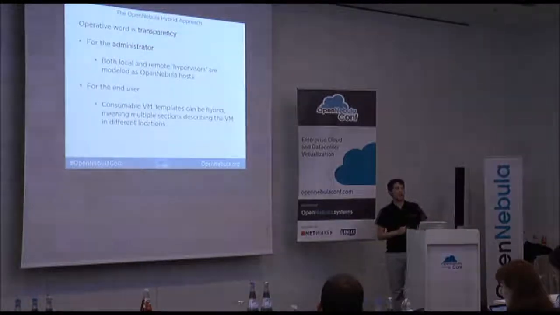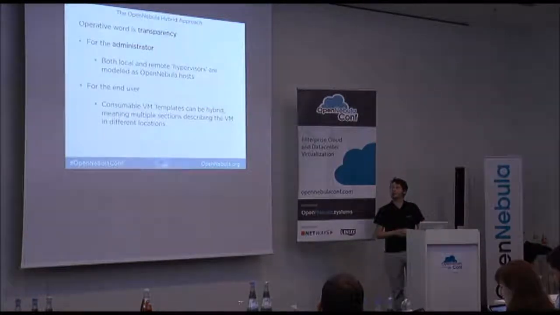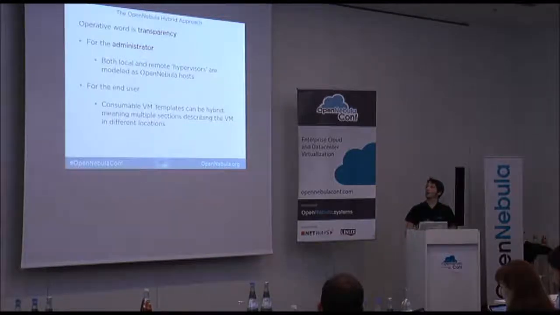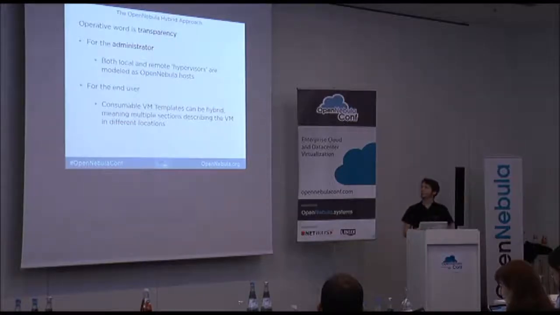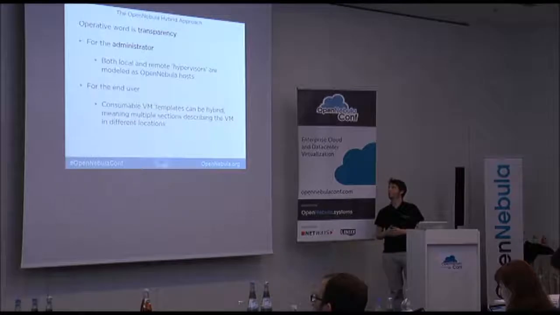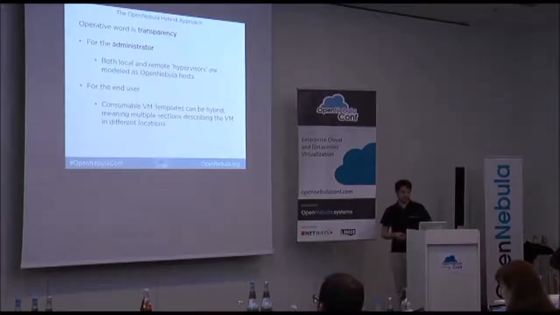For instance, you can have the EC2 section describing, for instance, the identifier of the AMI of the image that you want to launch. The same thing happens for SoftLayer and also for Azure. So, we'll see what's the reason behind this and how this can be used to represent, to be more accurate, the same virtual machine in different public clouds and also locally.